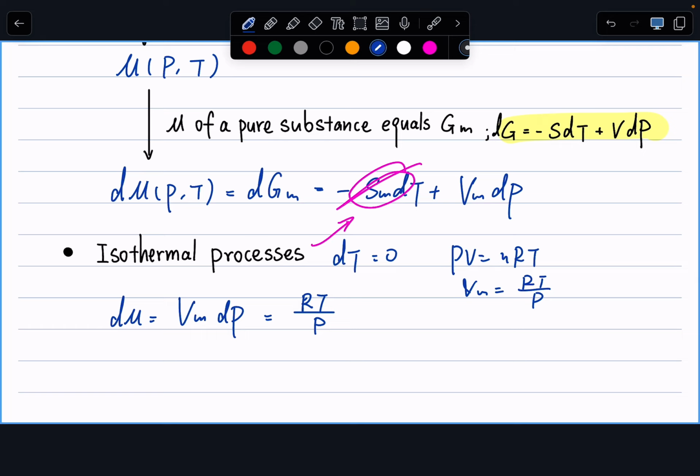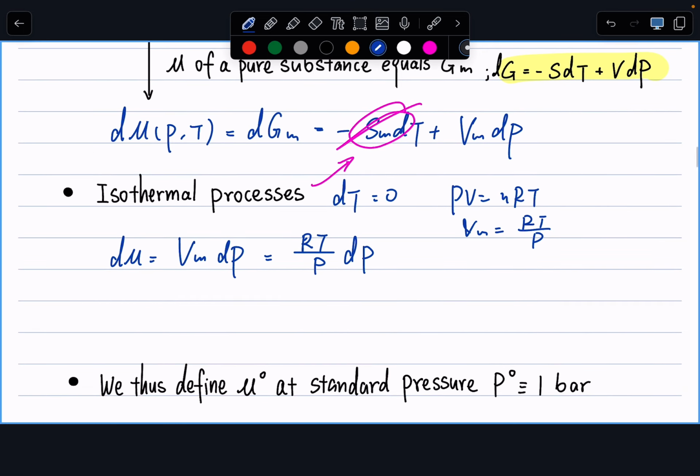Right. Now, instead of writing the d mu, we want to talk about the initial state and final state. Imagine we have an isothermal process starting from P initial to P final, or the change, the delta of my chemical potential.